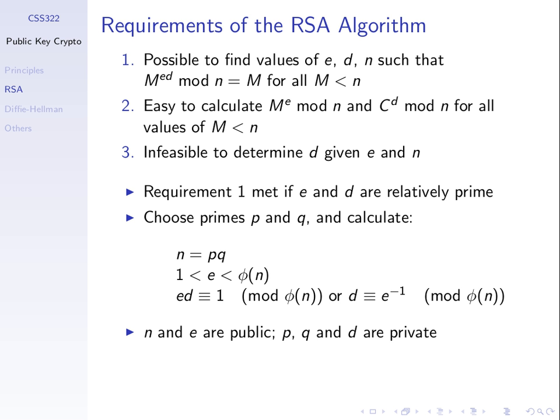So there are multiple values of E that we can choose. I'm going to choose 7 because I have the answers. And there are algorithms for doing that. When we have large numbers, there are algorithms that do that efficiently. 7, let's check, is 7 relatively prime with 160?